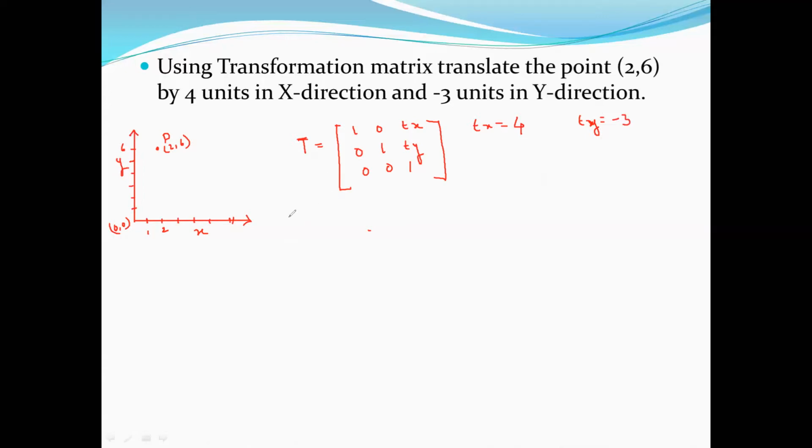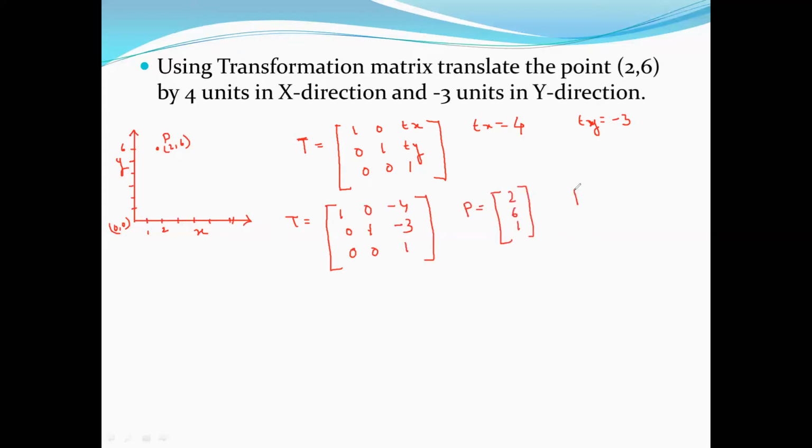So what we will do now? We will substitute this amount Tx and Ty in this matrix. So our translation matrix will be 1, 0, minus 4, 0, 1, minus 3, and 0, 0, 1. Okay. Now, what is the point vector? The point matrix is 2, 6, 1.